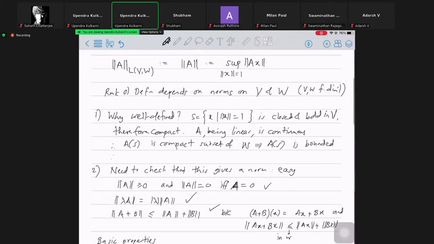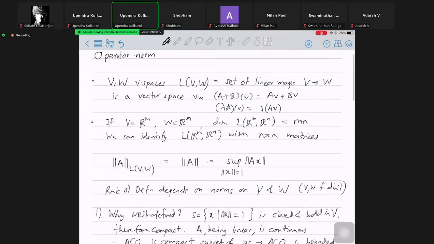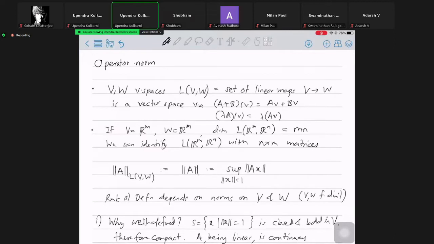But one thing I should say, we've said this many times. The definition of the operator norm depends on the norms that I have chosen on V and on W. But if V and W are finite dimensional, then the notion of continuity or limits, all of those notions are going to be independent of the norm that I put on this space of linear operators, because it's a finite dimensional space.